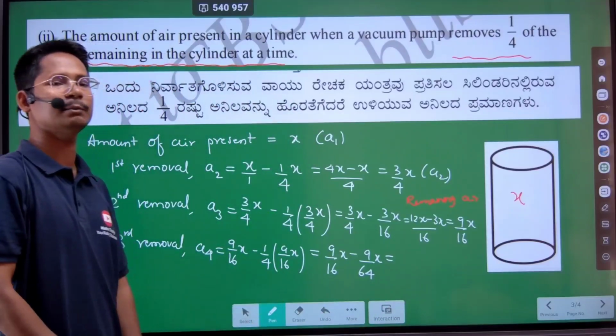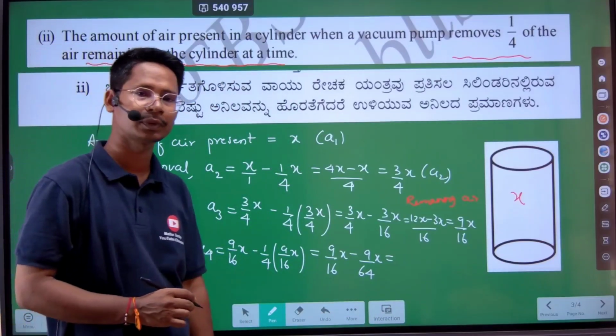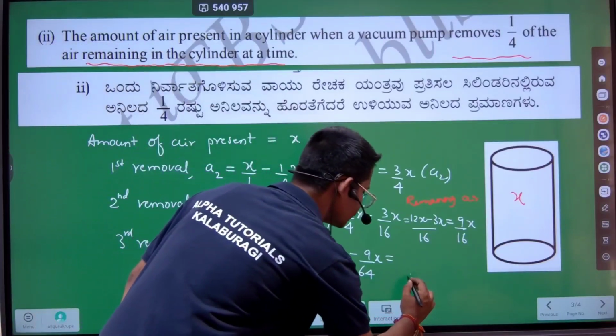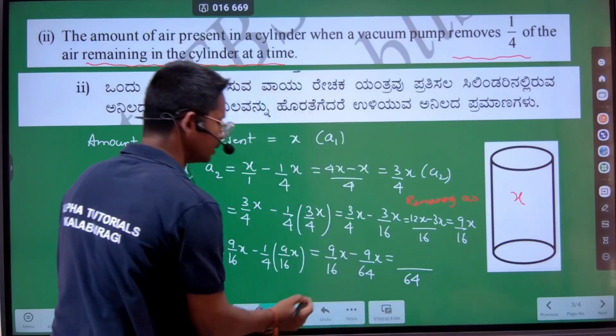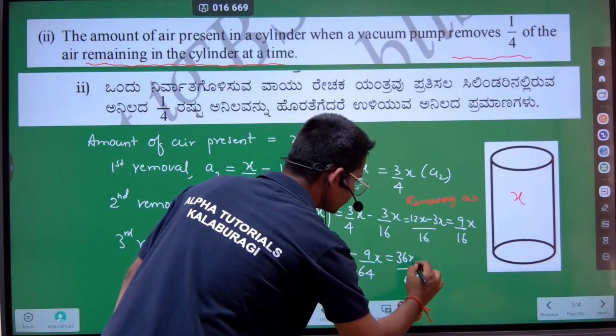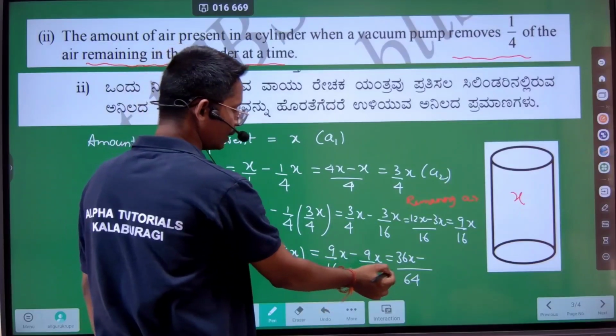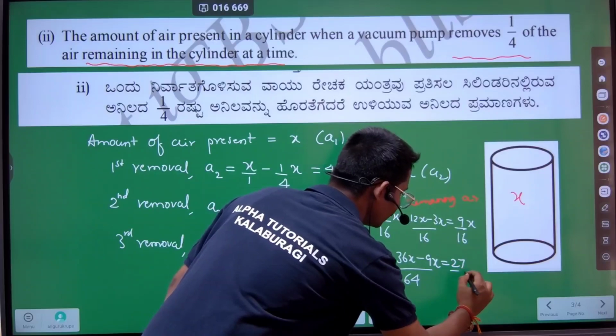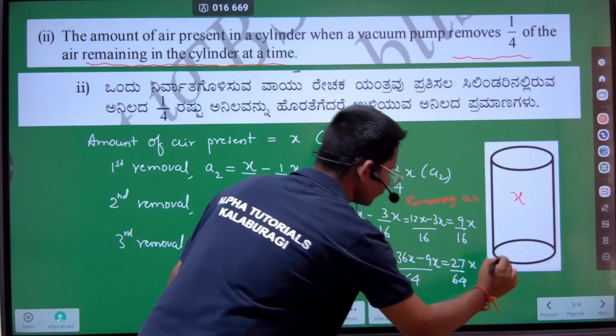What is the LCM of 16 and 64? As 64 is divisible by 16, 64 is your LCM. 16 into 4 is 64, so into 4, 36x minus 64 into 1, 64 into 1, 9x. So you're going to get 27 by 64x.